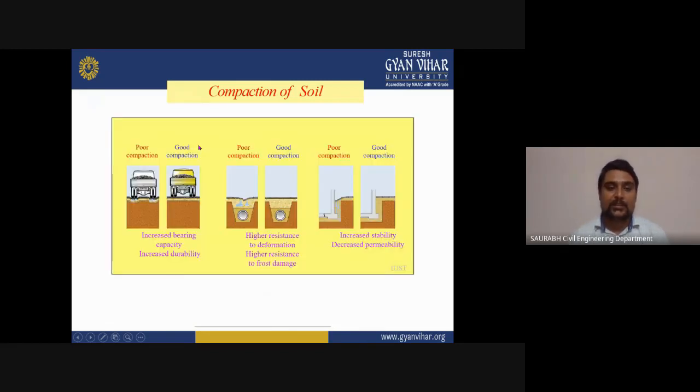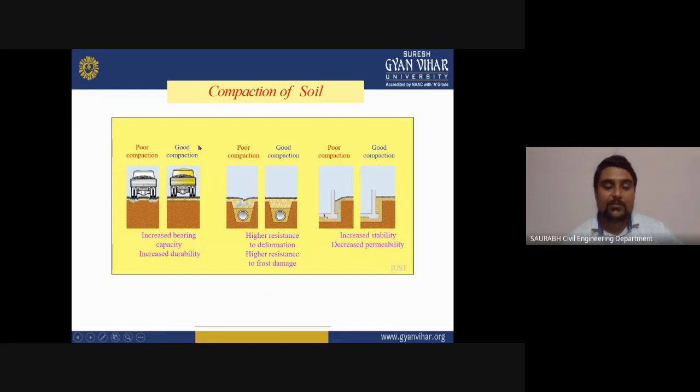Now you can see here the meaning of compaction. There are some images showing how it affects the structure. First, you can see there is poor compaction. If there is poor compaction and any vehicle moves on the road, then it will leave an impression on the road.